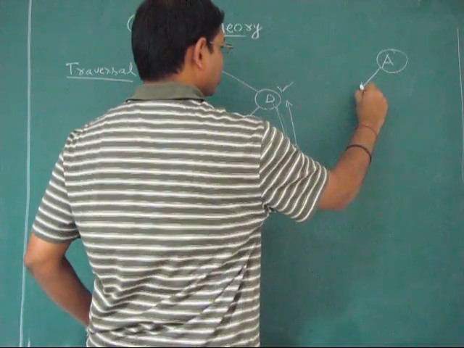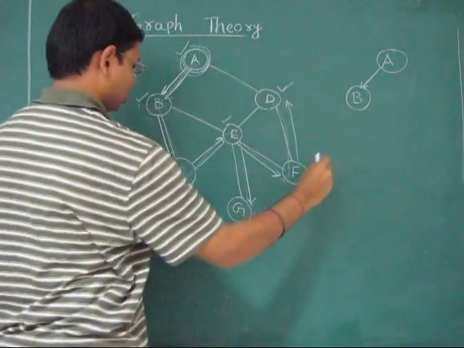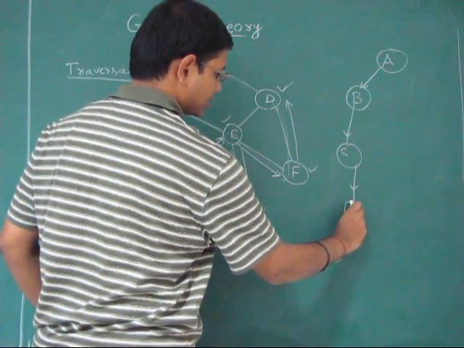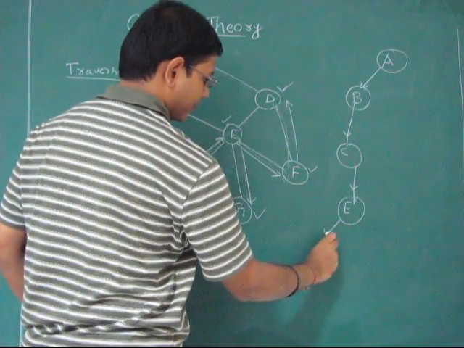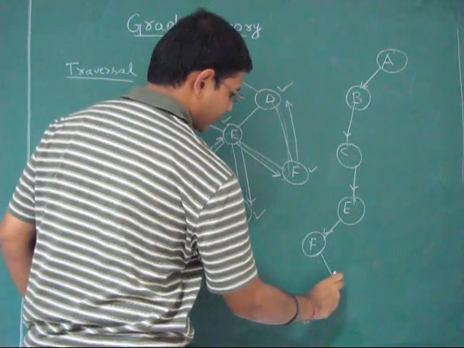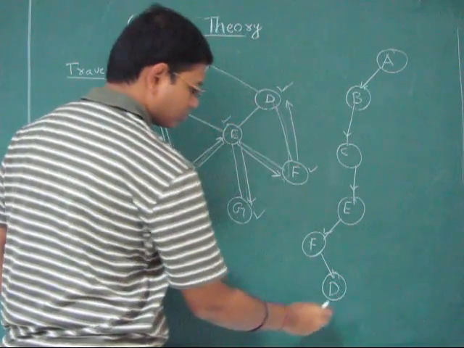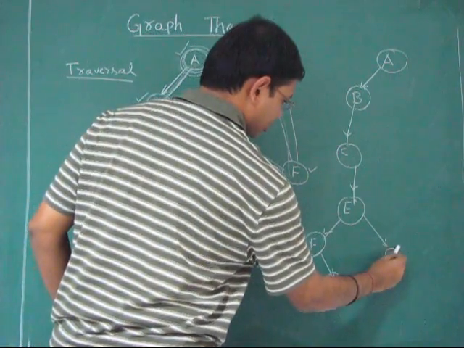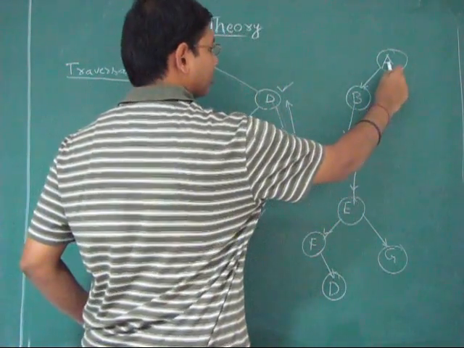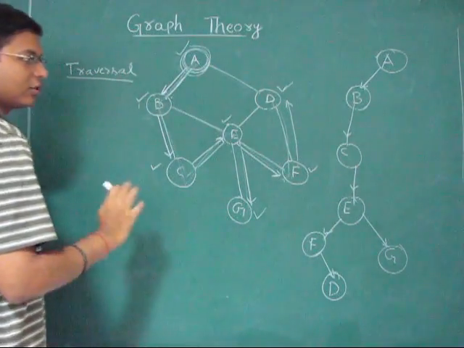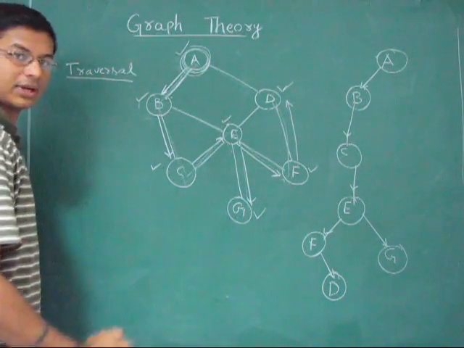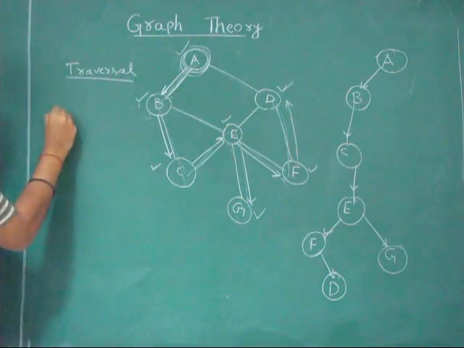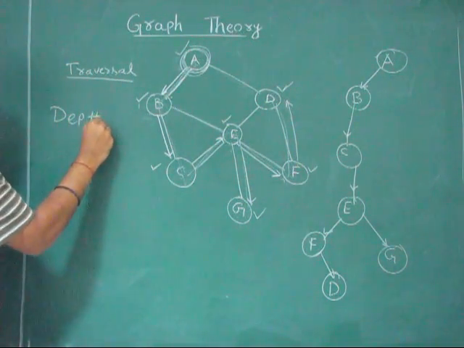Starting from A, we went to the vertex B, and from there to the vertex C, then to the vertex E, and from there to the vertex F, and from there to the vertex D. Then we trace back to F, E, and from here we went to G. We trace back the path, reaching the source vertex again, and there are no unvisited vertices, so we stop. This way of traversal is referred to as the depth first traversal.